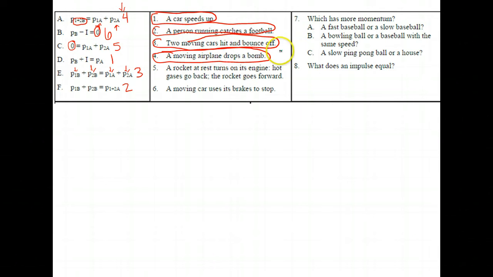All right. So then, number 7, which has more momentum? Probably a fast baseball. Not probably. It would be a fast baseball. More velocity, more momentum. How about a bowling ball or a baseball, if they have the same speed?